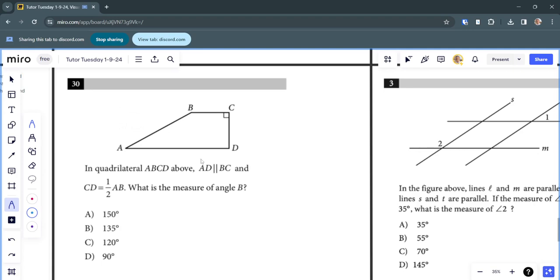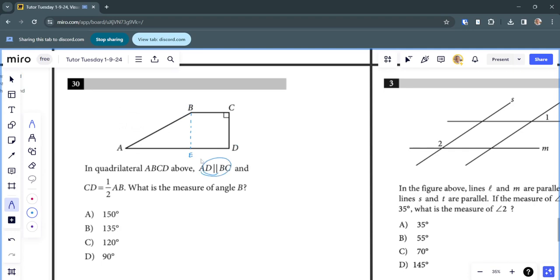So AD is parallel to BC. This line is parallel to this one. By definition, since this is a right angle, this is also a right angle. And this line right here, since it's perpendicular to both of those, we can extend it down here and put a point E here and say BE is parallel to CD.